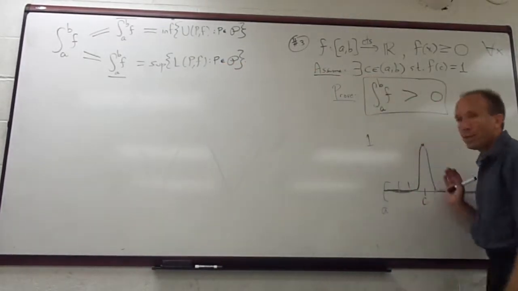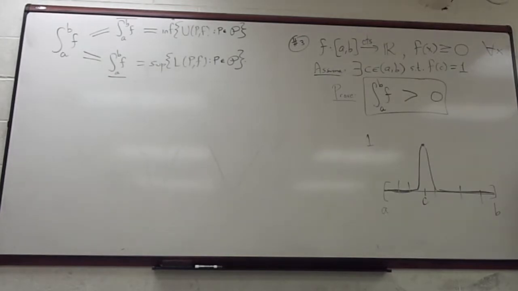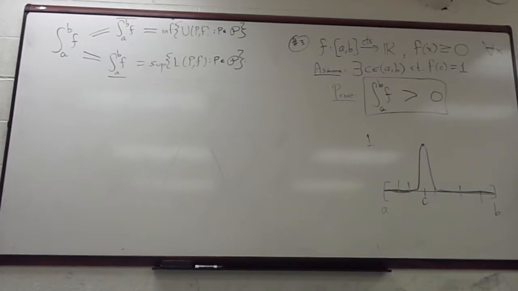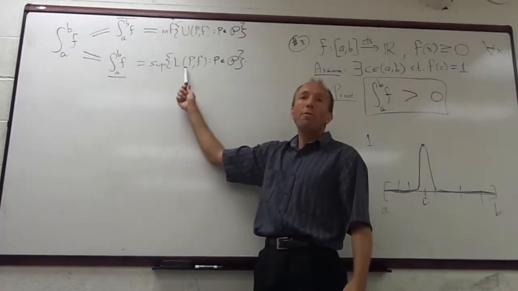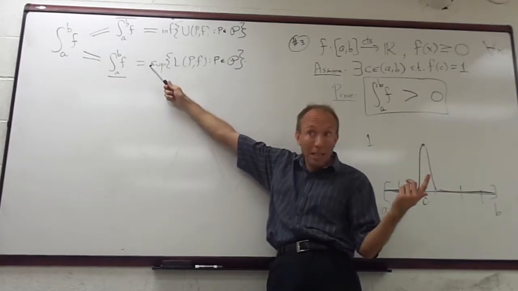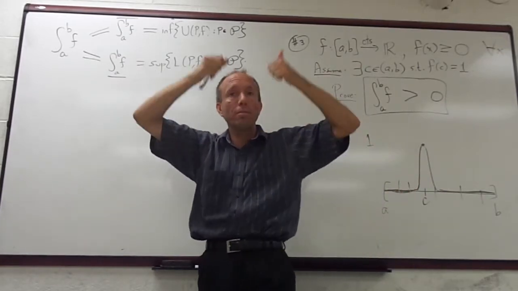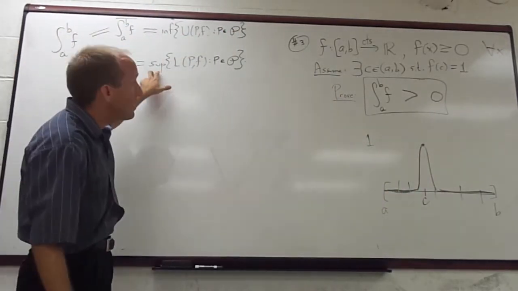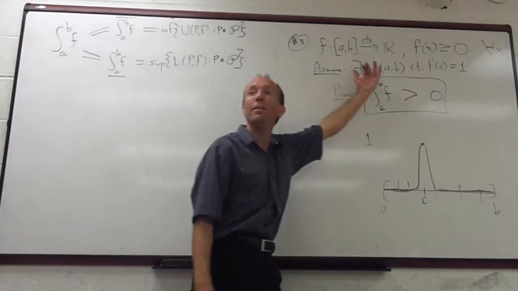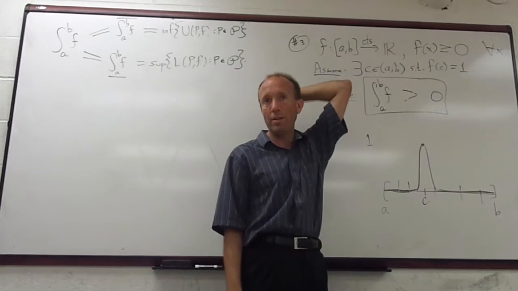Say I take the same partition. Let's say I calculate the lower sum for that partition, and let's say I get 0.7. Does that help me? Yeah. It has to at least be that. If I get 0.7 for one of my lower sums, then the supremum, the least upper bound, would have to be at least 0.7, which would be greater than 0, you see.